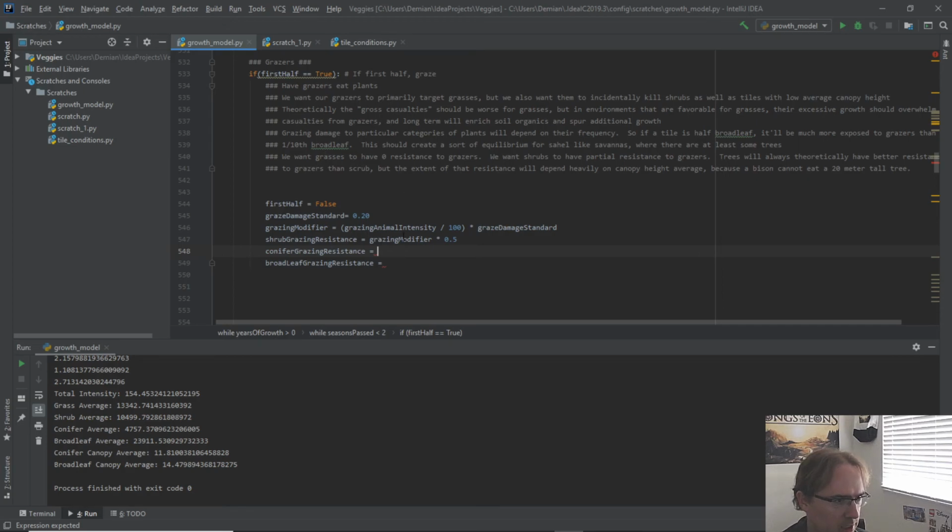So first off, we want it to be based on the grazing modifier. We already want it to be up to the shrub grazing standard. So now it's just a matter of taking the average height of the trees. Conifer height.